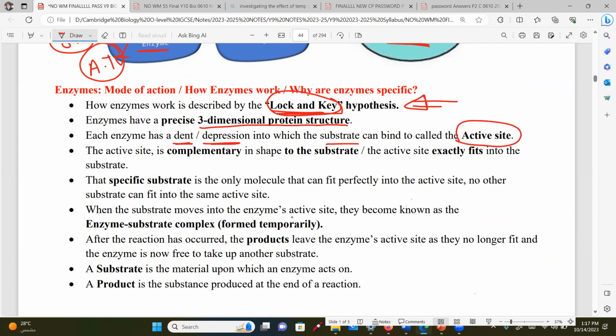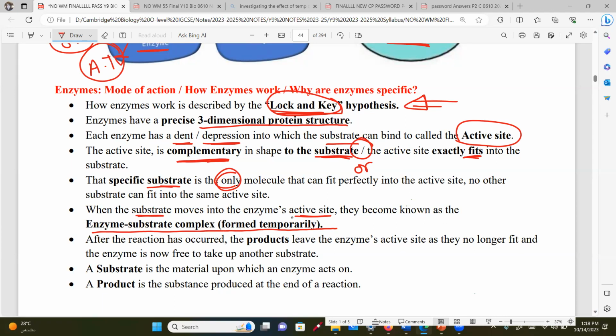The active site is complementary in shape to the substrate, or in other words, the active site exactly fits the substrate. That specific substrate is the only molecule that can fit perfectly into the active site. No other substrate can fit into the same active site.